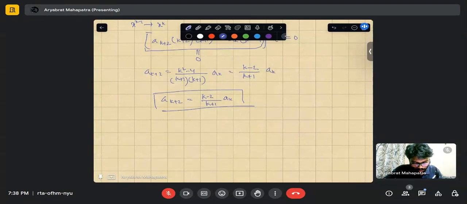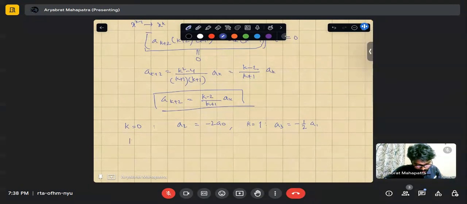For k equals 0, you have a2 equals minus 2 a0, and for k equals 1, you have a3 equals minus a1.